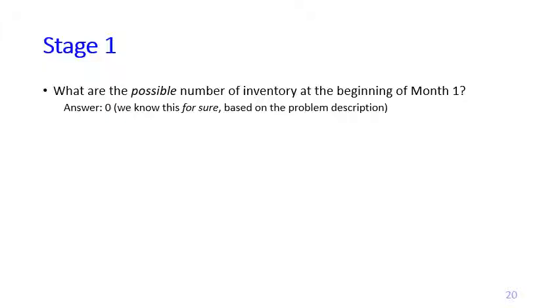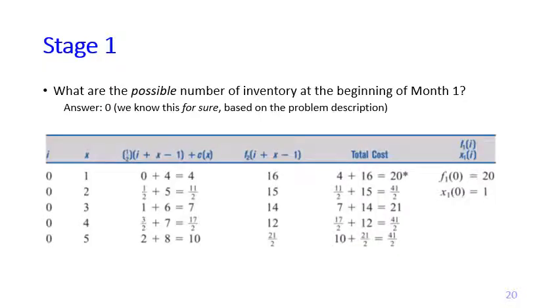So in this case, we only have one state here. That's why I don't write if or anything here, because the only possible state for stage 1 is 0.